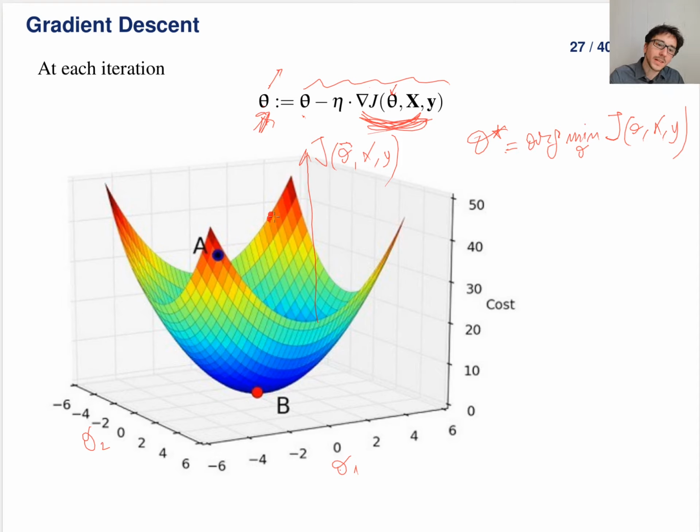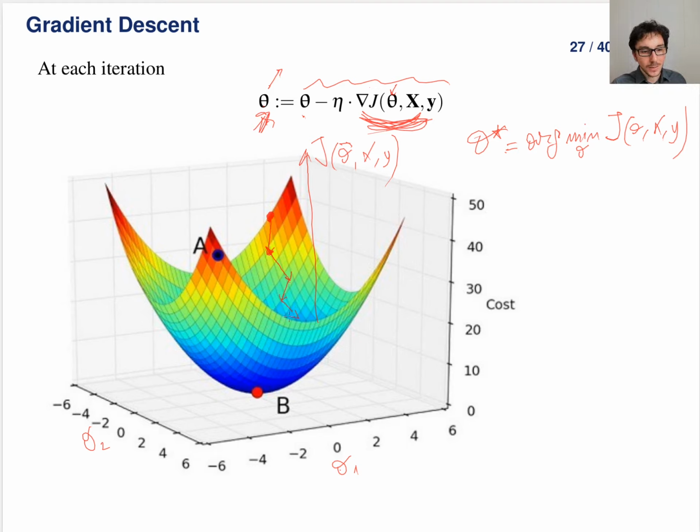So what we are doing here is that every time we go in the opposite direction of the gradient, so we start from a certain value of theta and then we update it and we go to another value of theta, then we descend again, modifying the value of theta.